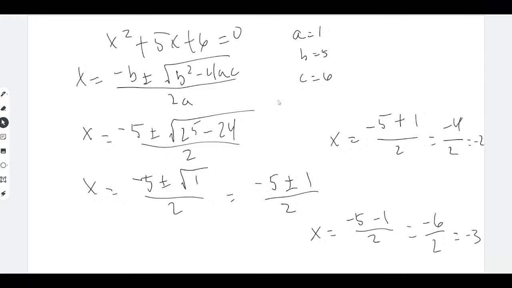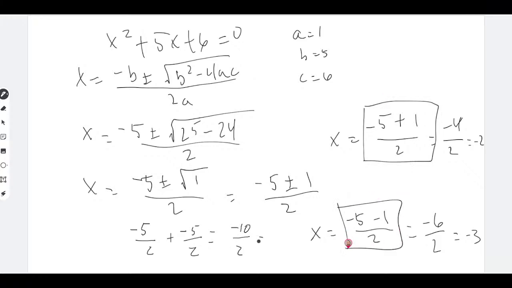So you end up with negative 5 over 2, and then plus negative 5 over 2, since this part, when you add both of them together, they cancel each other out. You're adding this and you're adding this, right? And then this part and this part will always cancel out because you have plus and minus always.